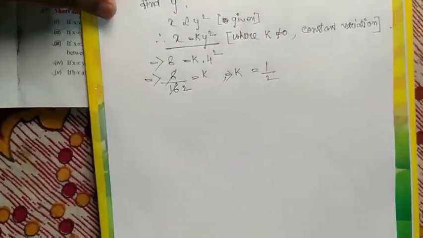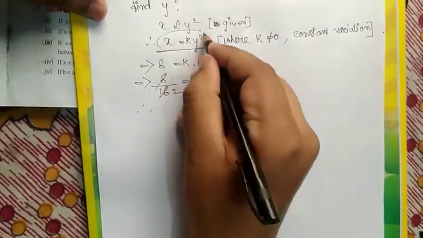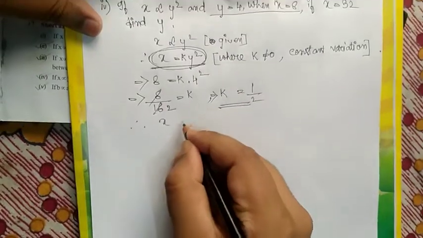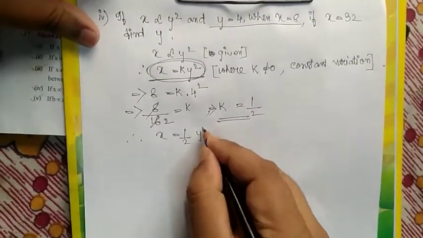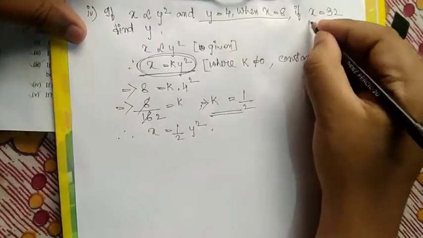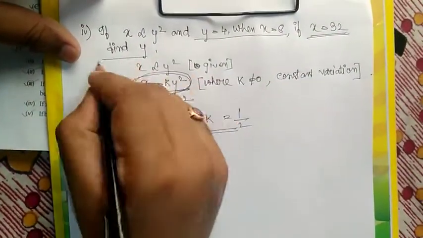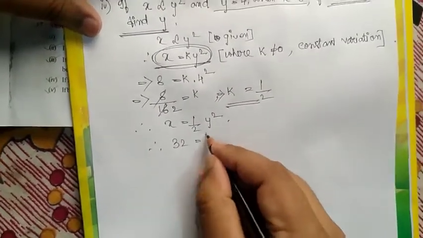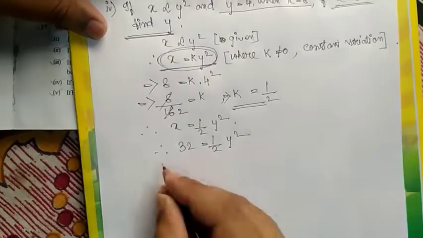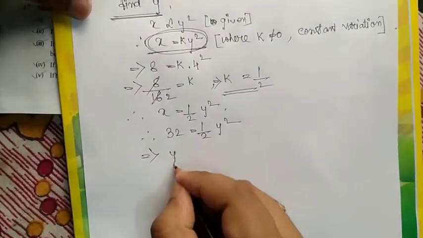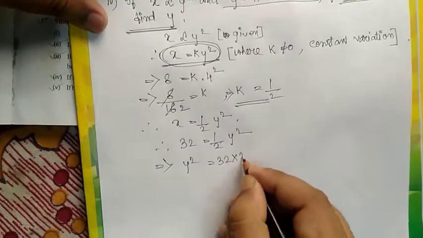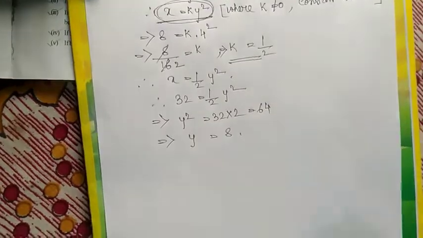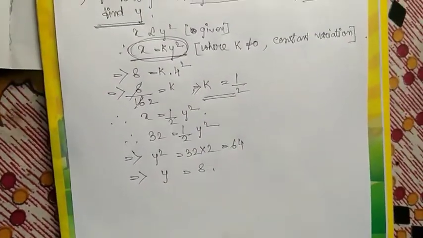So writing this equation with the value of k, we can get x equal to half y square. Now putting the value of x equal to 32, we have to find the value of y. 32 equal to half y square. So therefore y square equal to 32 into 2 equal to 64. So therefore y equal to 8. So therefore the value of y is equal to 8 here.